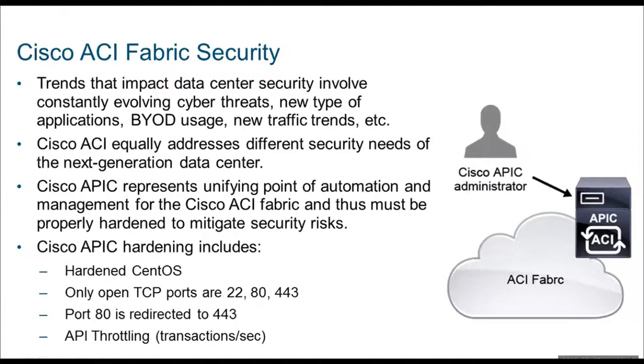Cisco has some built-in measures to ensure your APIC is hardened. They already used one of the most hardened operating systems called CentOS. This is a Linux distro which is already very well hardened.